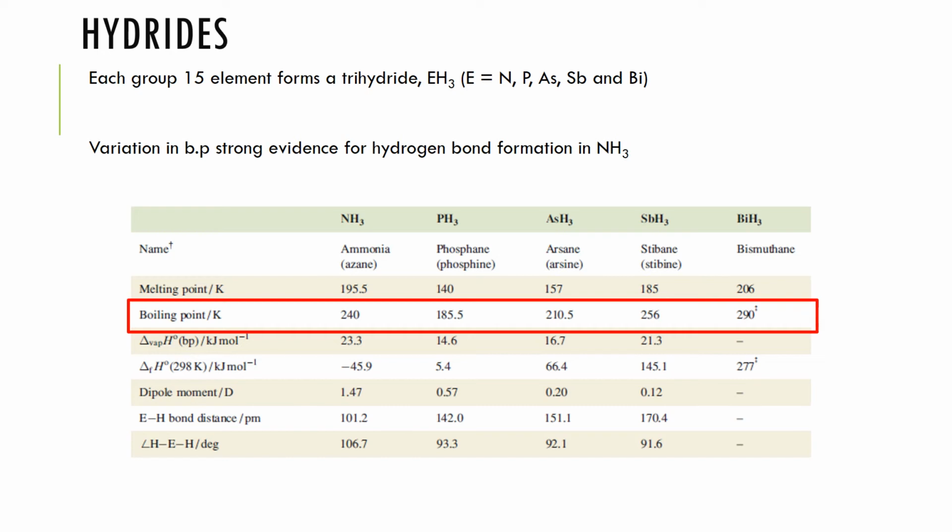But there's something that's quite interesting if you look at the properties of all of their trihydrides. So I show you a table there of the trihydride for each element and some of the properties. And you can see that there's a large variation in boiling point at ammonia.